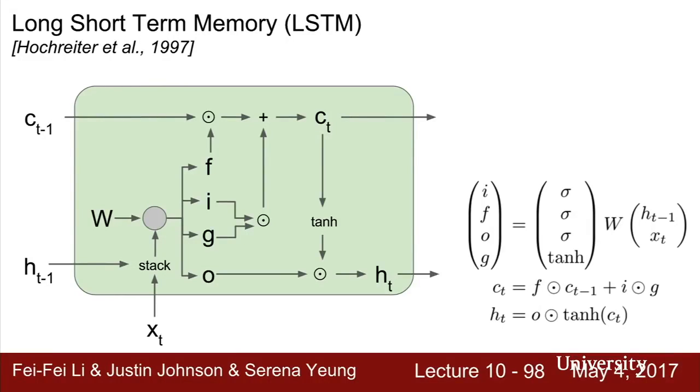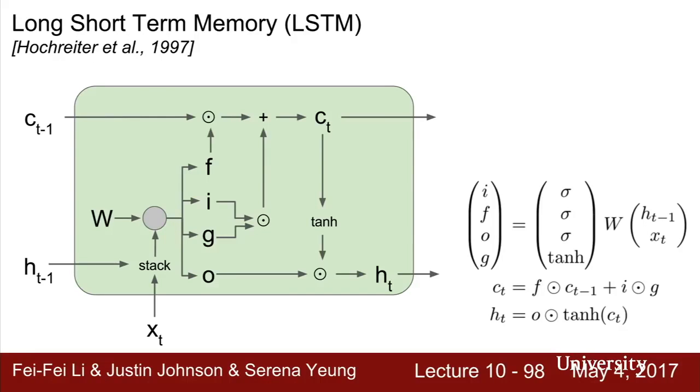And then I think there's a tradition in people trying to explain LSTMs that everyone needs to come up with their own potentially confusing LSTM diagram. So here's my attempt. What's going on inside this LSTM cell is that we're taking as input on the left the previous cell state and the previous hidden state, as well as our current input x_t. We take our previous hidden state as well as our current input, stack them, and then multiply with this weight matrix W to produce our 4 gates.